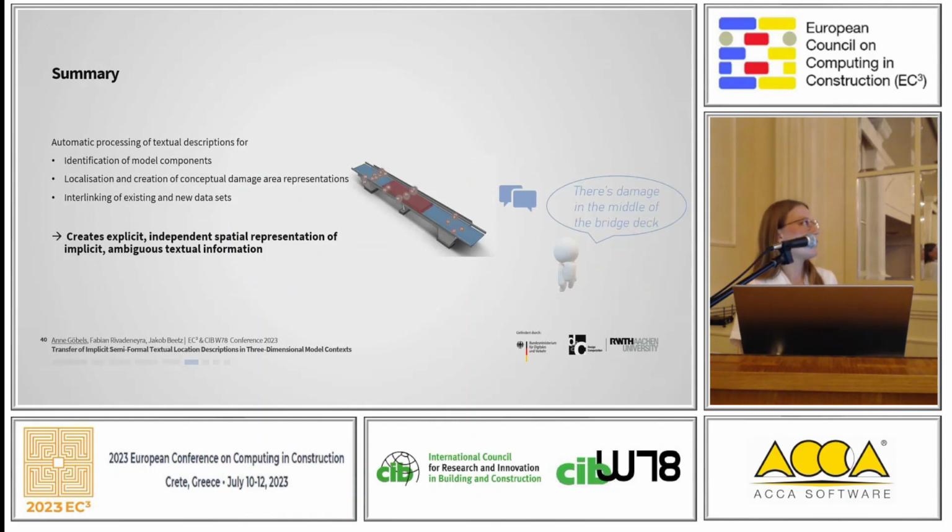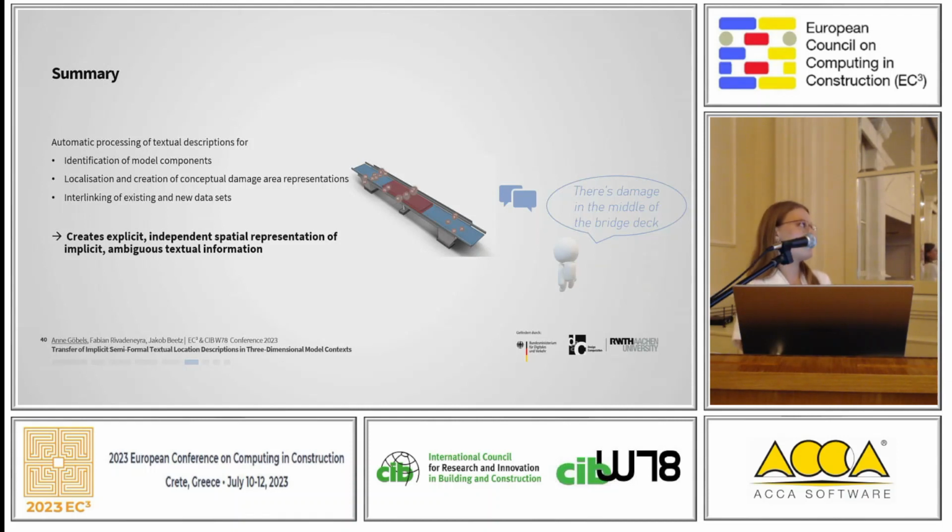So to sum up, we created a process that, based on this textual location, is able to identify model components in an IFC model and locate and create conceptual damaged area representations, which is then leading to an interlinking of the existing and the new data sets.